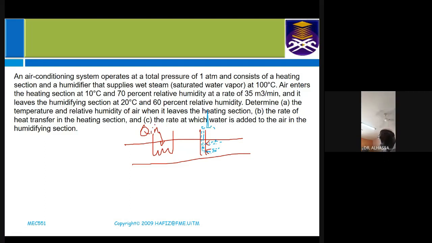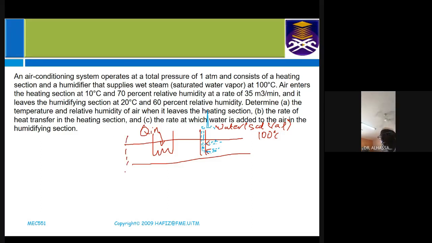Now the humidifier supplies saturated vapor, with a source temperature of 100 degrees Celsius. Then air enters the heating section.